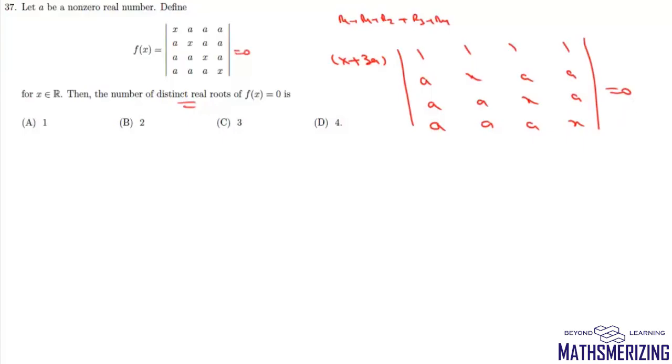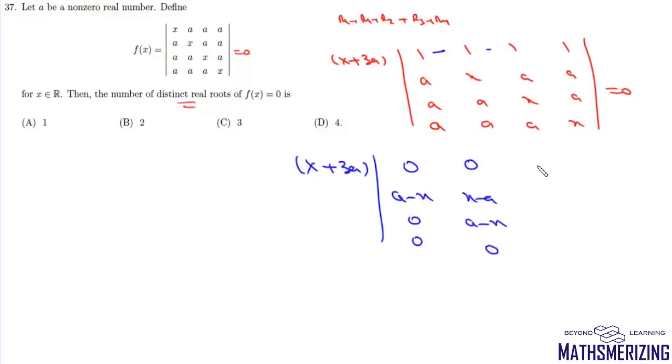Now what we'll do is, we'll write C1 as C1 minus C2, C2 as C2 minus C3, and C3 as C3 minus C4. So we can write this as x plus 3a, and here it'll be 0, a minus x, 0, 0, it'll be 0, x minus a, minus x, 0, and then 0, 0, x minus a, minus x, and then 1, a, x, and it'll be 0.